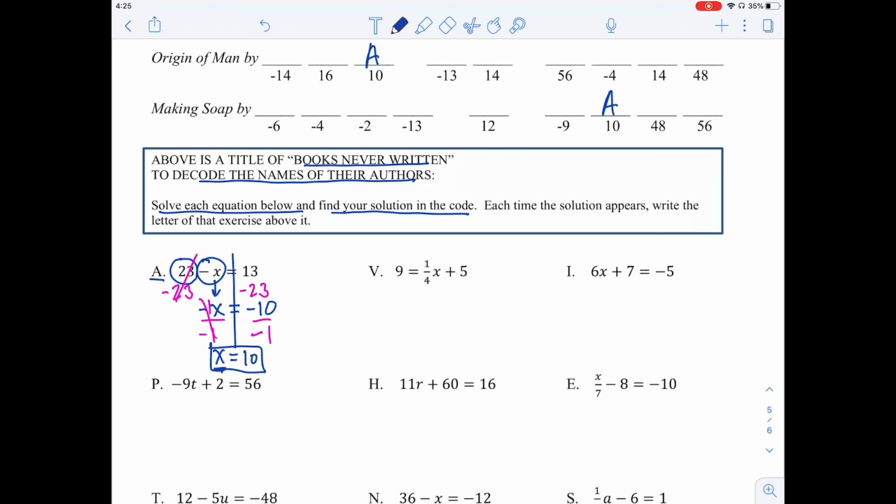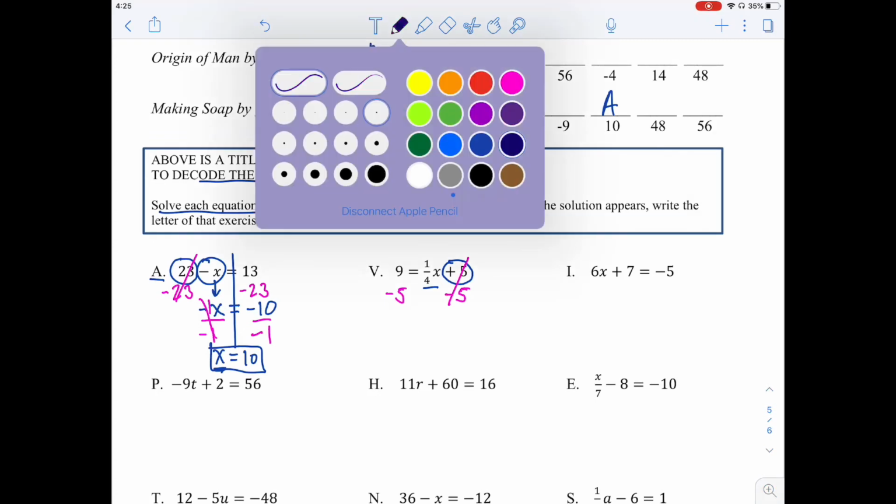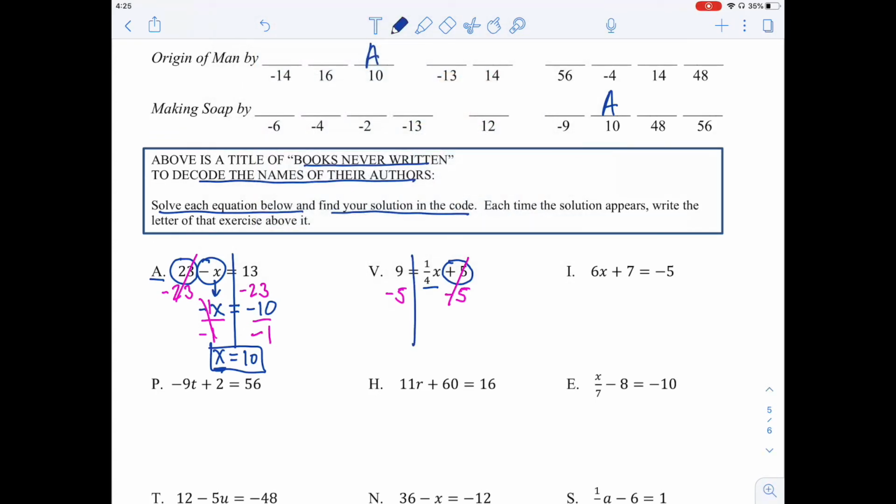So now we look at our variable, which is on the right side. So we want to get rid of that plus 5, the constant on the right side. Right, so we subtract 5 from both sides. So get rid of that plus 5. Bring everything down. 9 minus 5 equals 4.